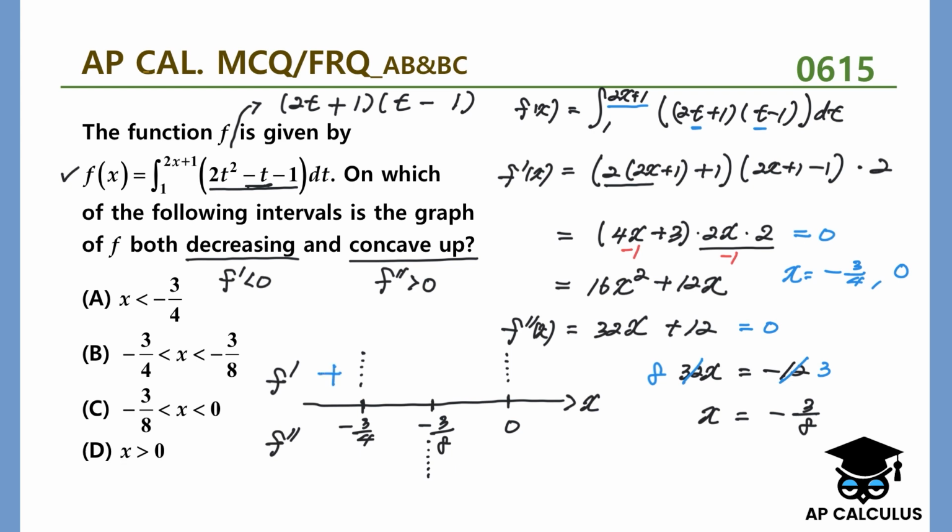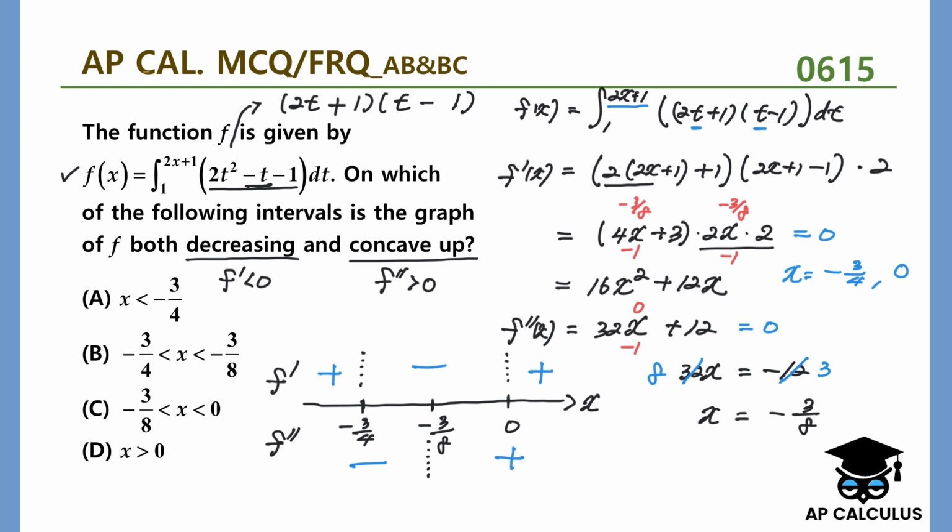If we substitute negative 3 over 8, I guess, then that's going to be positive times negative, right? That's negative. If we substitute 1, that's going to be positive, right? Here, for f double prime, let's substitute negative 1. Then that's negative. If we substitute, I guess, 0, then that's positive, right?